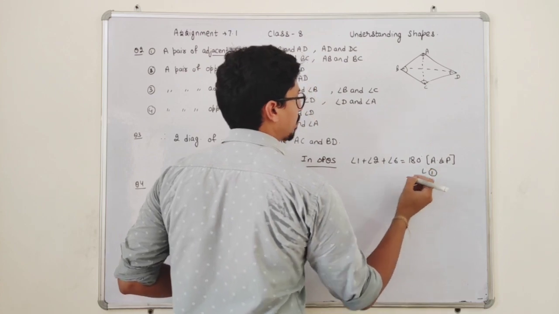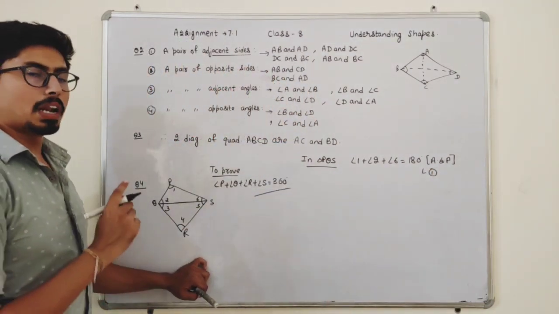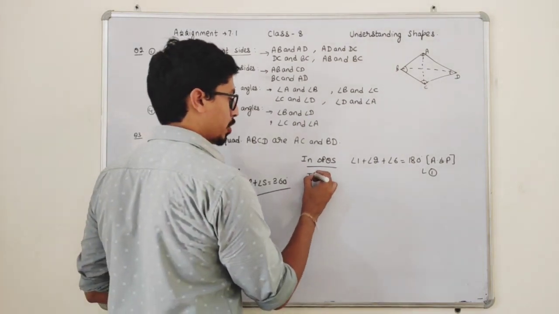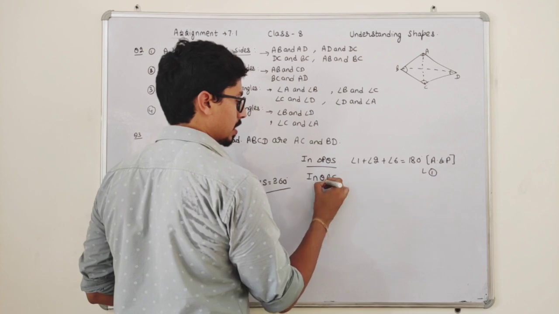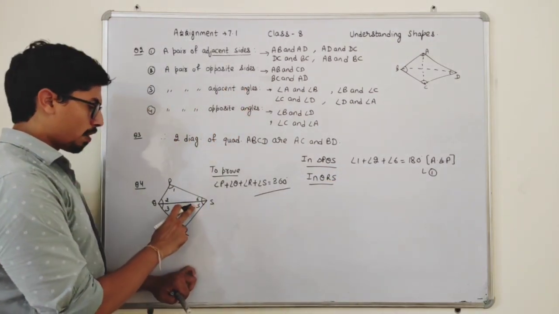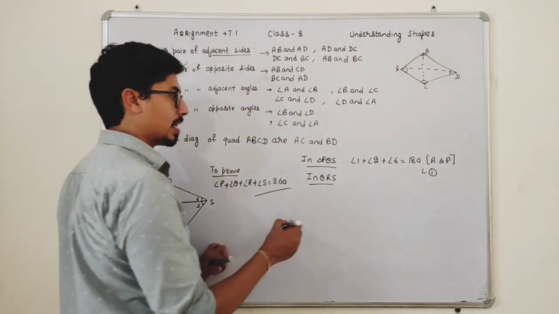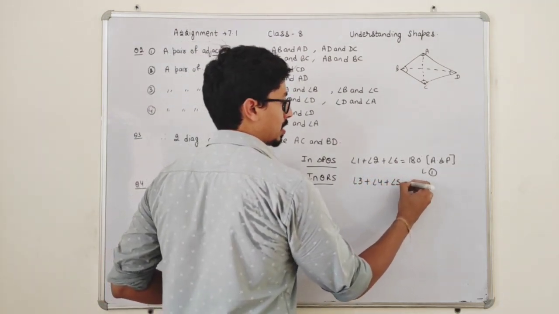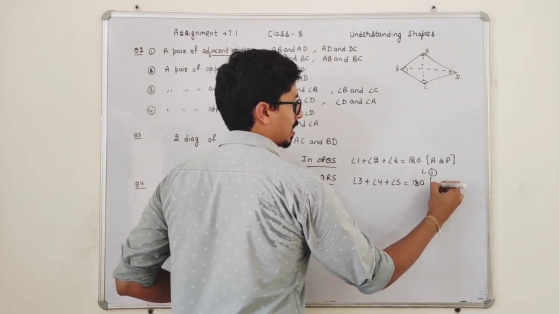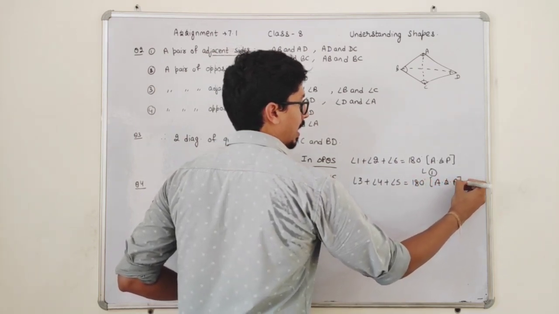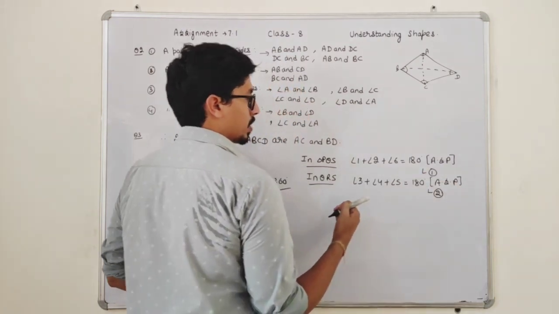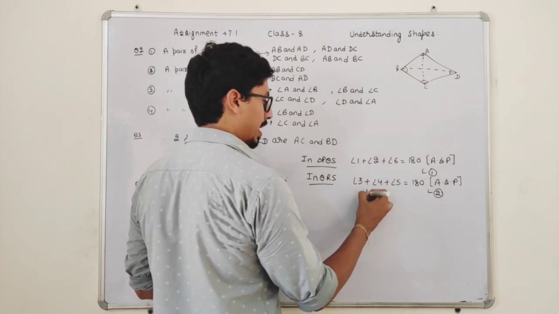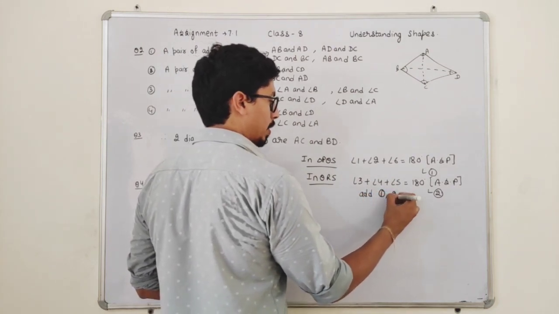Name this as equation 1. Similarly, I can take triangle QRS: angle 3 plus angle 4 plus angle 5 is equal to 180 degrees. The reason is angle sum property again, and name this as equation 2. Now, just add equation 1 and equation 2.